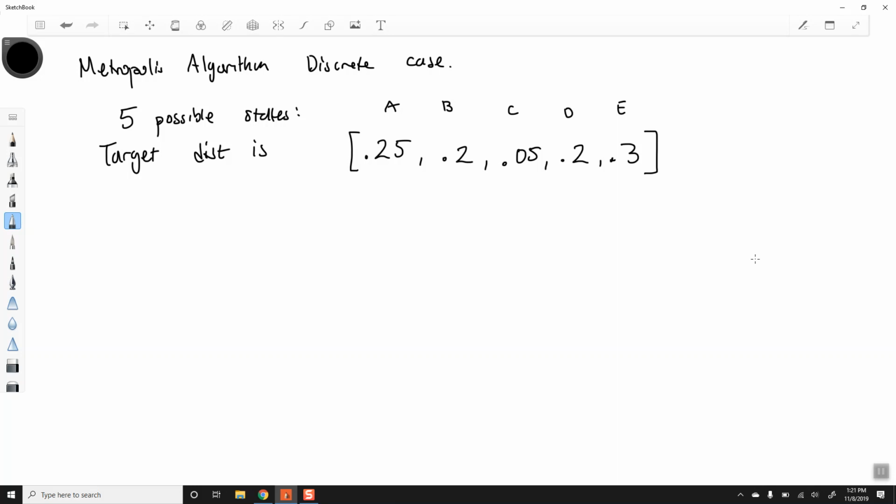Okay, and then what will my proposal distribution be? I don't know. Here, let's not call this A, B, C, D. We'll call this 1, 2, 3, 4, and 5. Okay. Proposal distribution.